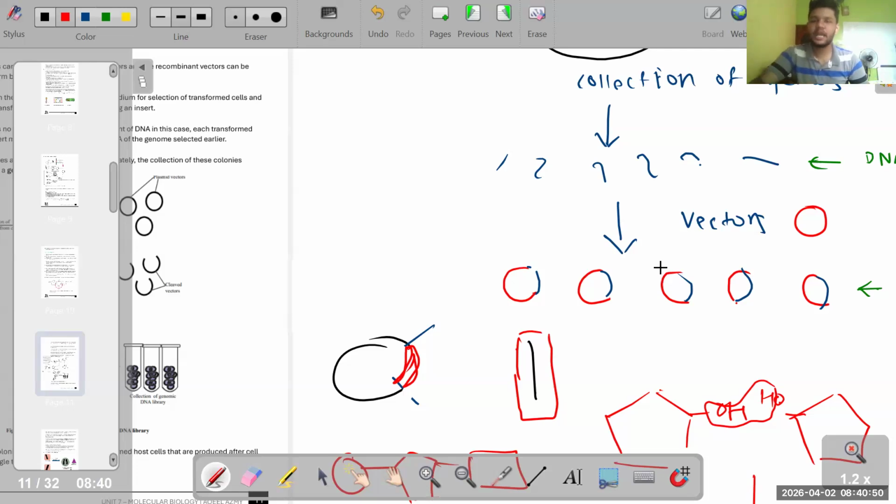Here we should have the knowledge that vectors and DNA fragments are joined by two types of enzymes. What are the two enzymes?